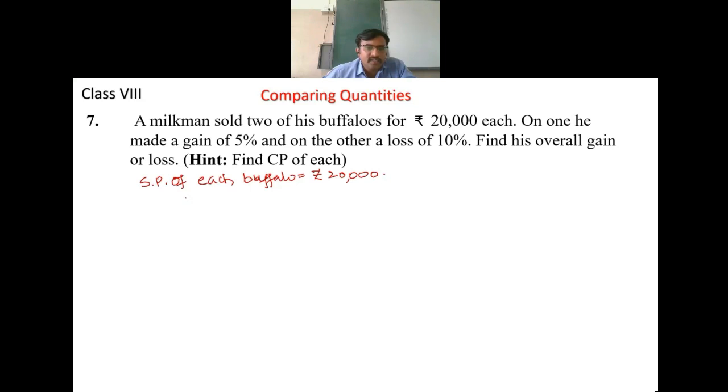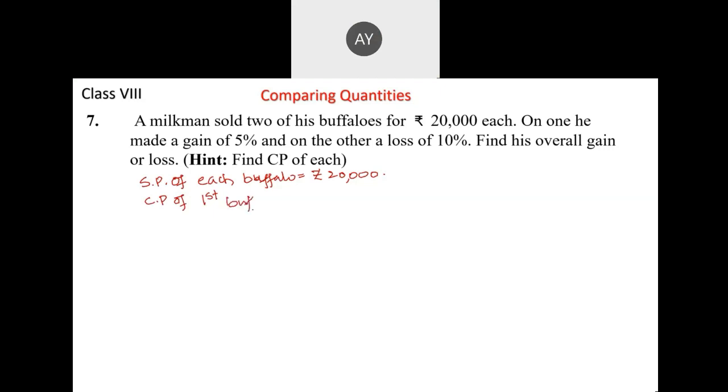So there will be a CP of, I will call it as a first buffalo, this is taken as X. So what will be the CP then?